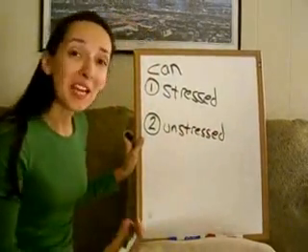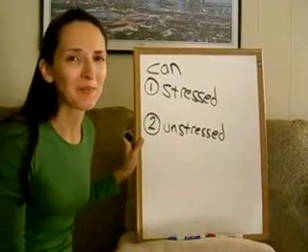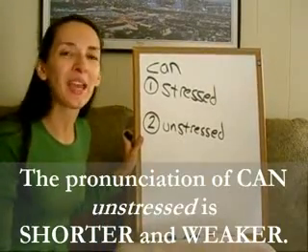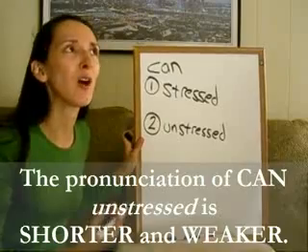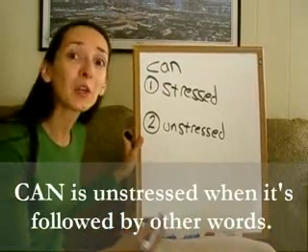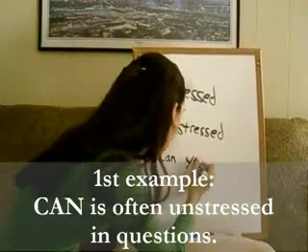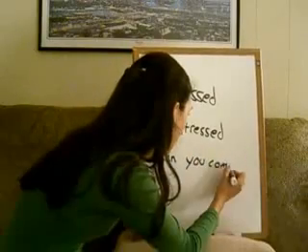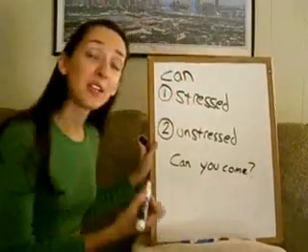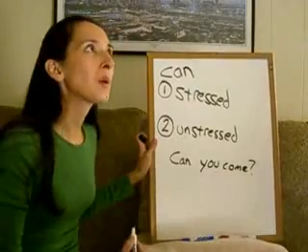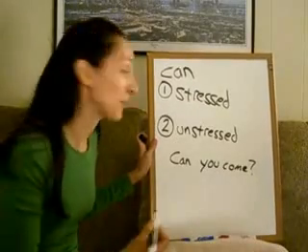Now let's talk about the unstressed pronunciation of can. It's a shorter pronunciation, and we use it when can is followed by other words, like in a question. Can you come? Or when can is not a main verb.